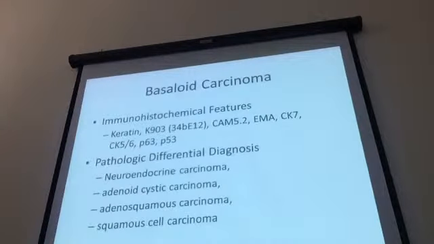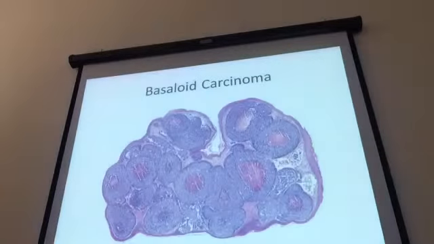These have the usual carcinoma keratin positive features with CK5/6 and P63, and the differential diagnosis, as you see here, with neuroendocrine carcinomas and so forth.